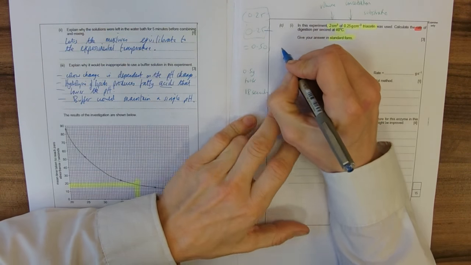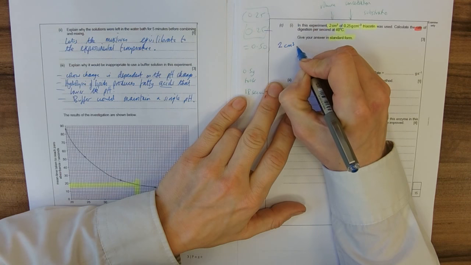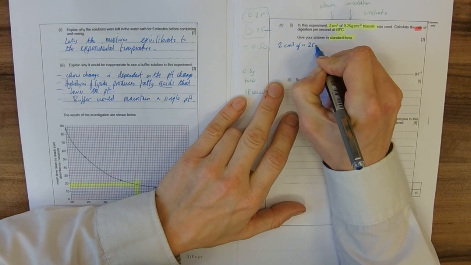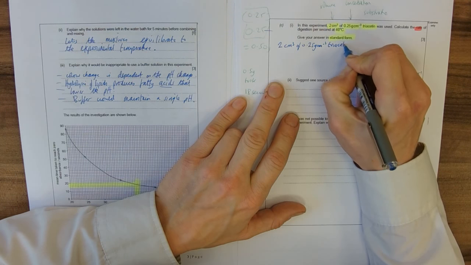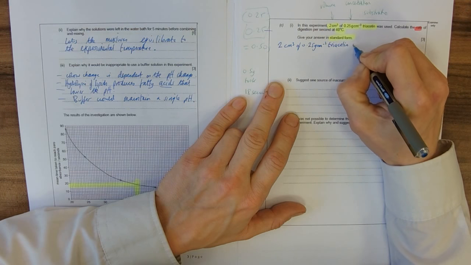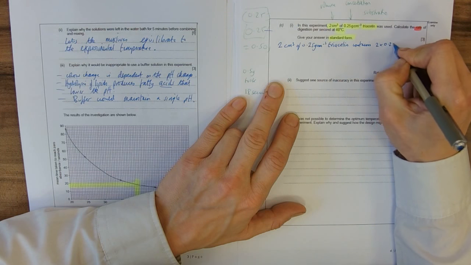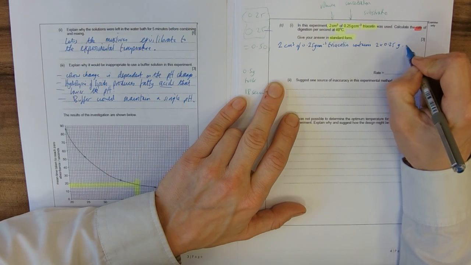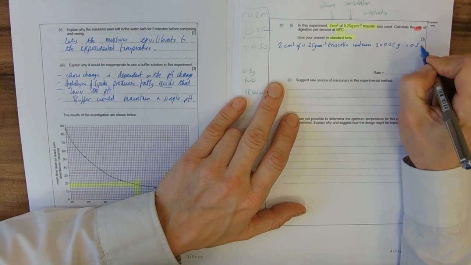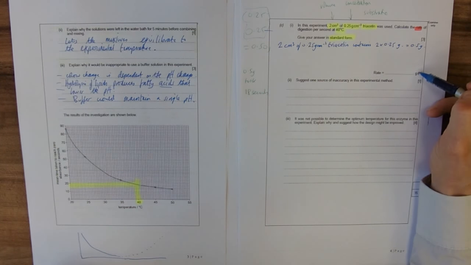So 2 cm cubed of 0.25 grams per cm cubed triacetin contains 2 times 0.25 grams, equals 0.5 grams. That's how many grams we've got, and that's the first part of our grams per second.